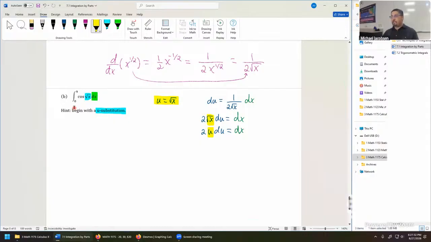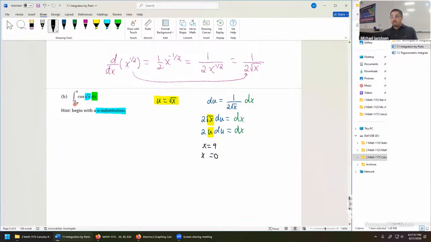In section 7.3, there's several problems which will be extremely painful if we didn't do that. Unwinding multiple substitutions is a very laborious process. So a really good principle is, if we're doing a u substitution on a definite integral, also change the limits of integration. x is going from 9 to 0.